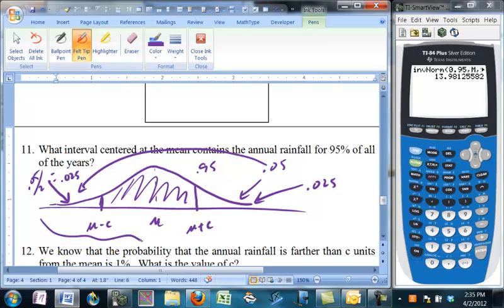Well, that makes the total area to here 0.95 plus 0.025, which is 0.975.